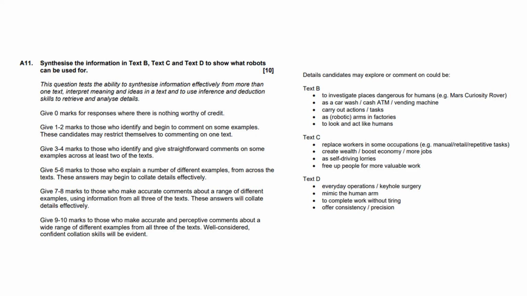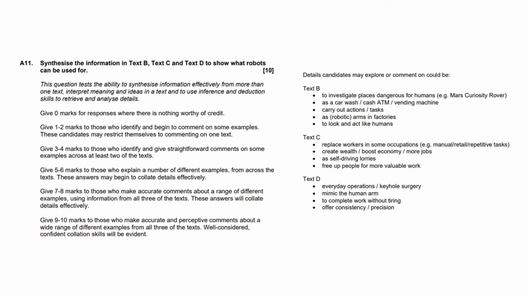So for A11, it gives us the question once more, and then it tells us what they're looking for. This question tests the ability to synthesize information effectively from more than one text, interpret meaning and ideas in a text, and to use inference and deduction skills to retrieve and analyze details. I believe that we've shown all of those skills today.